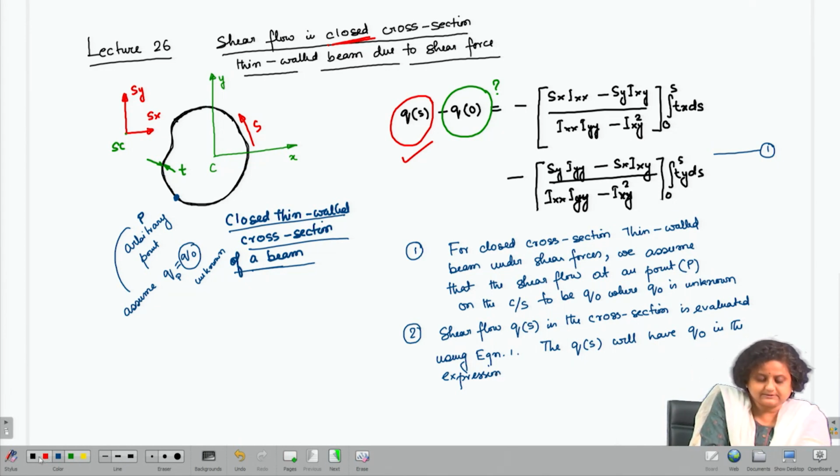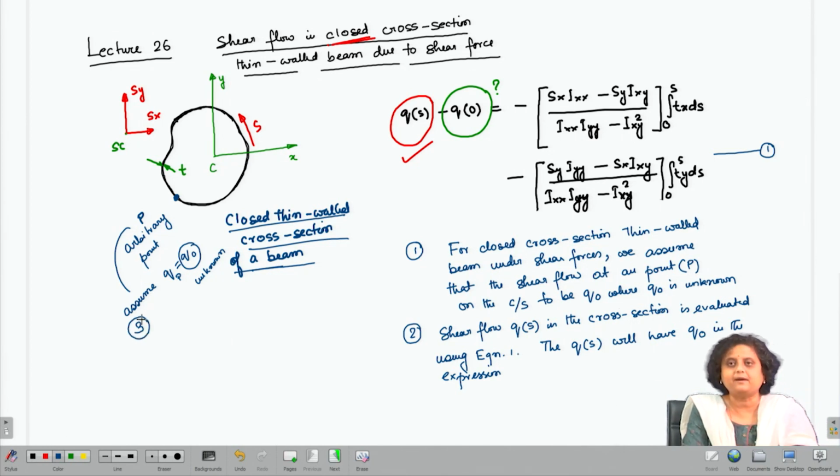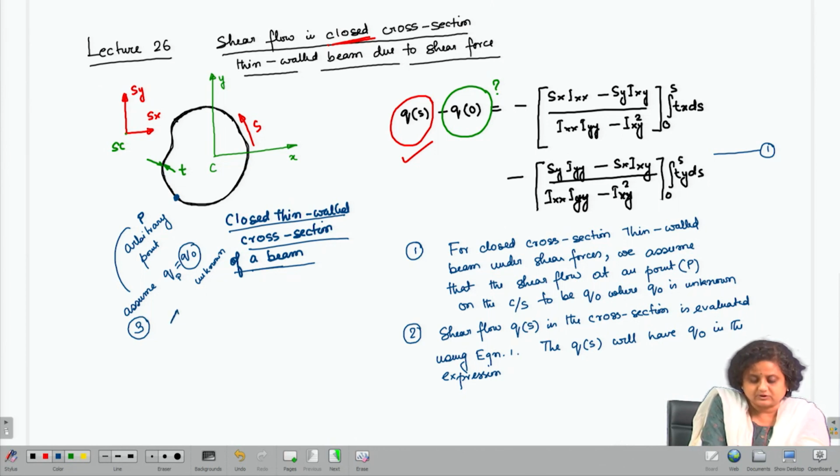Now, the third step comes into the picture. In the third step, we will assume that the shear forces are passing through the shear center of the cross section. Even if they are not passing through the shear center, we will assume that the shear forces are passing through the shear center of the cross section.